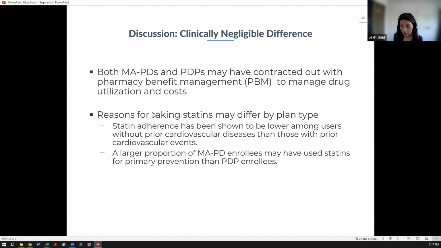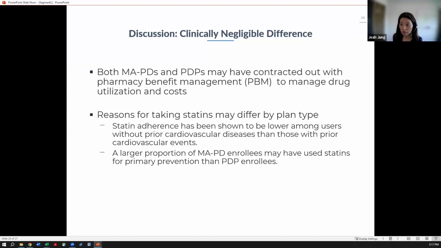Another potential reason is that maybe why people are taking statins might be different. For example, if MAPD enrollees have used statins for primary prevention, which means that you do not really have a cardiovascular event, but just to prevent, right? So without prior cardiovascular disease, but for prevention purposes, you might have taken the statins.